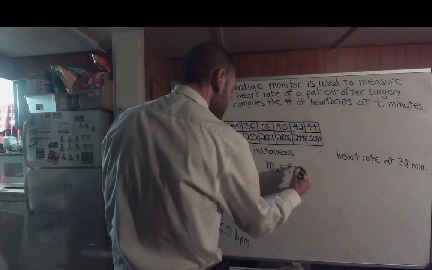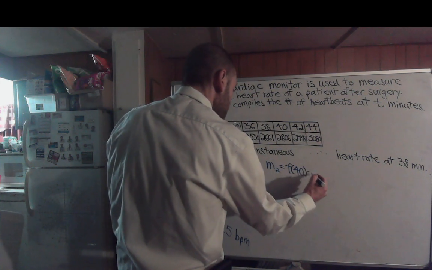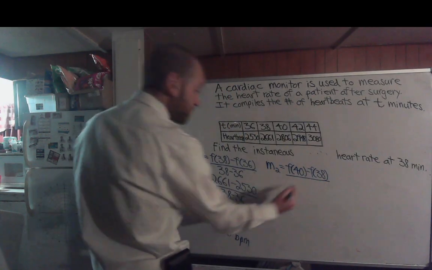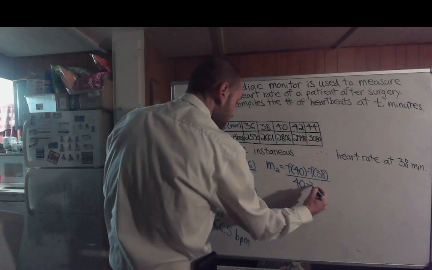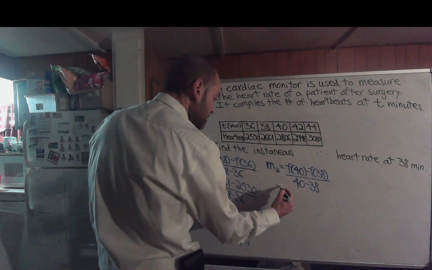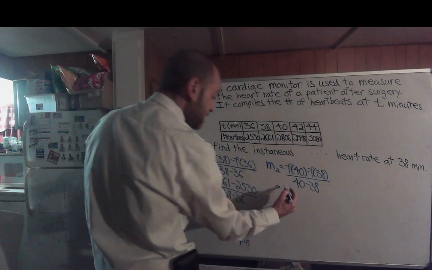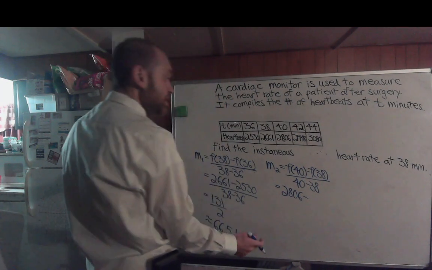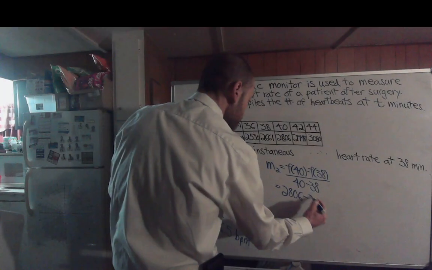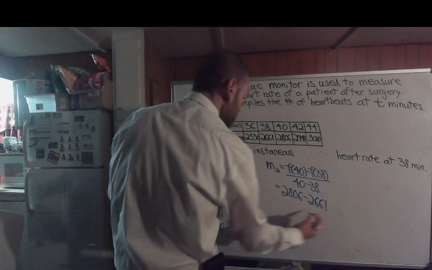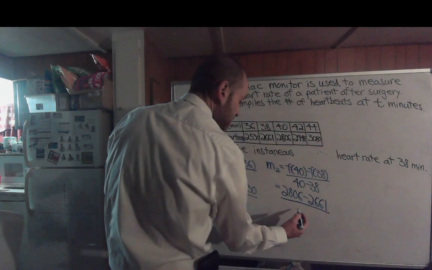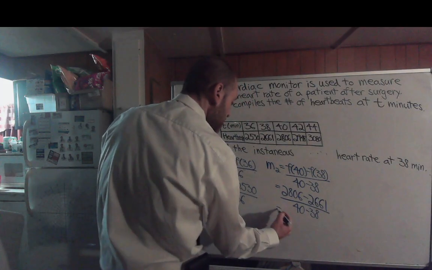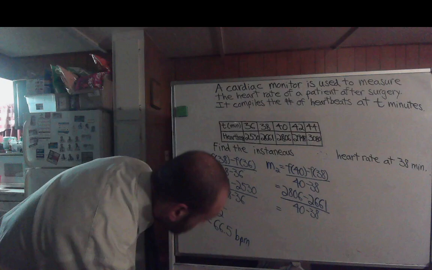That's going to be f of 40 minus f of 38, divided by 40 minus 38. So at 40 minutes, this heart monitor measured 2,806 beats, minus at 38 minutes, it measured 2,661 beats, divided by 40 minus 38. Well, that's going to give you, let's see here.